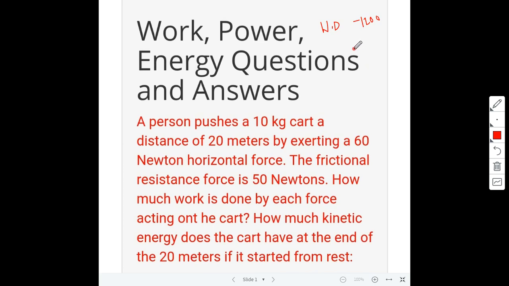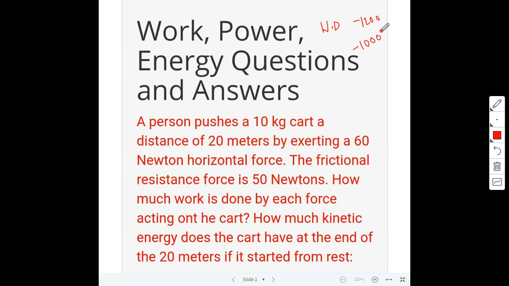So this has to be subtracted. If you remember at the beginning of the lecture, I told you the work done is of two types, the positive work done and the negative work done, right? So positive is when you give a force in forward direction and object moves in forward direction, and negative is when the object moves in opposite direction.